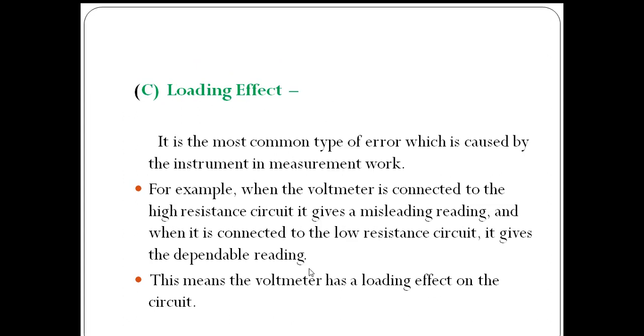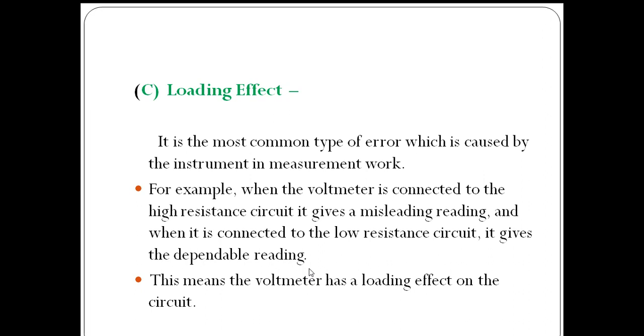Next one is loading effect. It is the most common type of error caused by instruments in measurement work. For example, when the voltmeter is connected to a high resistance circuit, it gives a misleading reading. And when it is connected to a low resistance circuit, it gives a dependable reading.